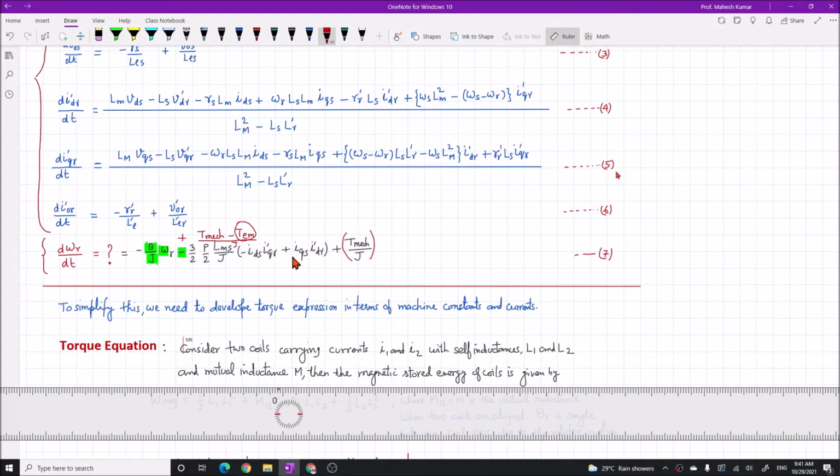So for that we have to recall our fundamental expression for the torque, and then from that equation we have to simplify it.